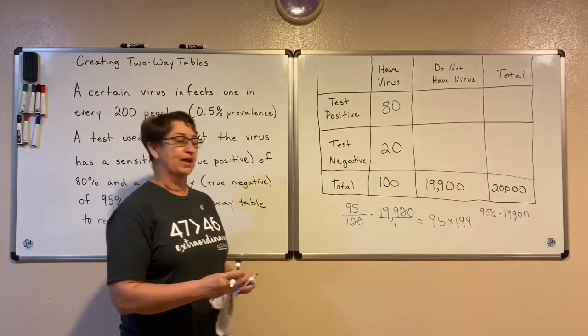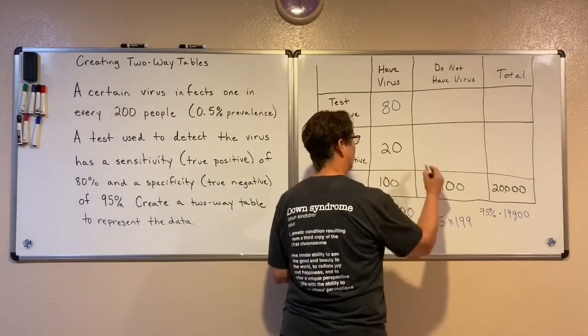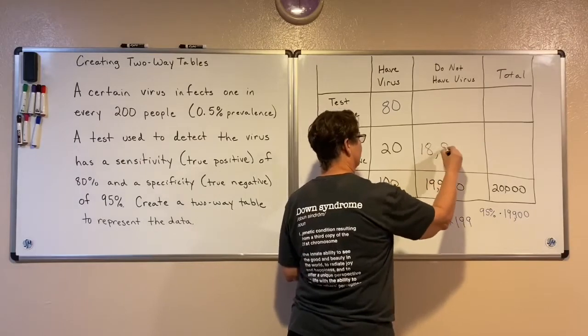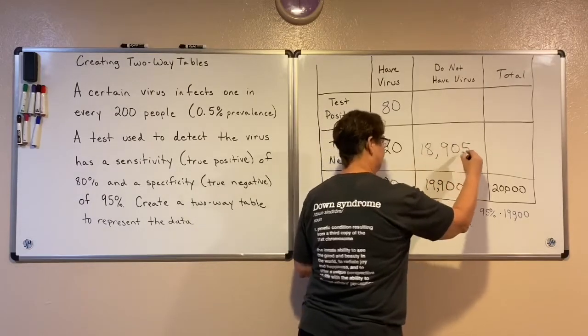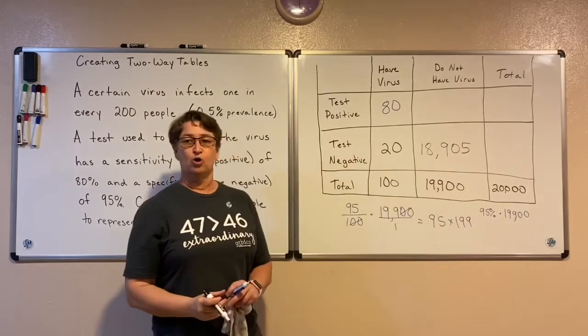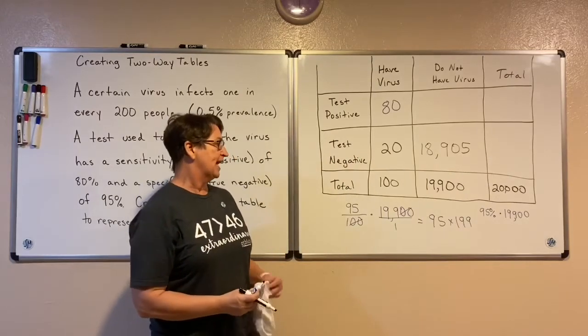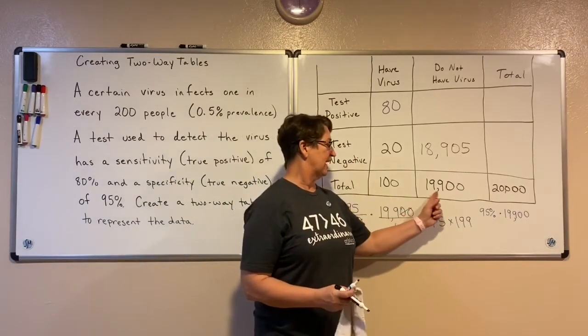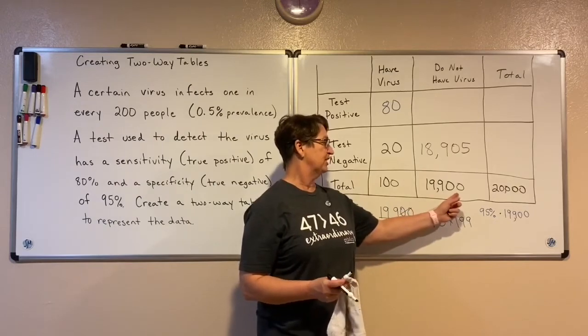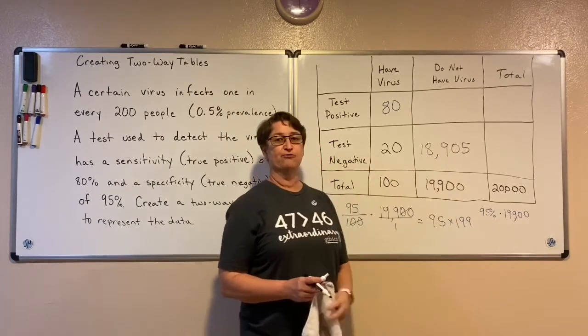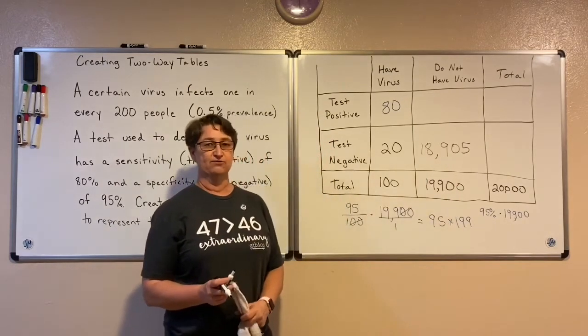So I know that, multiply that out, 18,905 people are going to walk away with a negative test. Those 19,900 that walked in without the disease, 18,905 of them are going to walk away with a negative test.